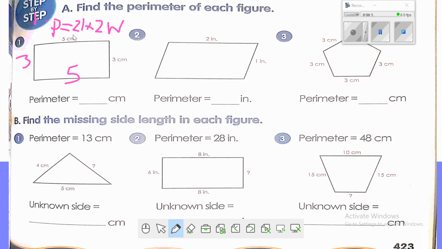What is the double of 5? It's 10, plus the double of 3 is 9. 10 and 9, the answer is 9. Sorry, double of 3 is 6.